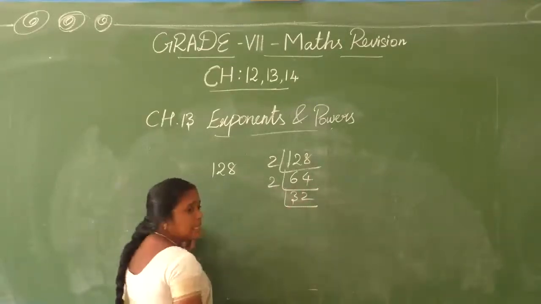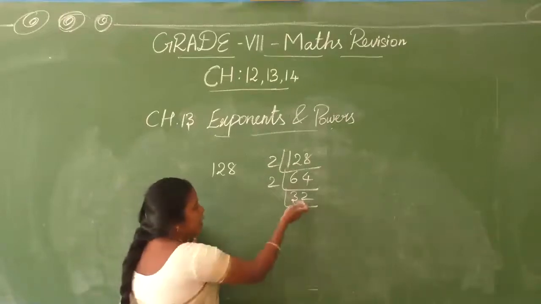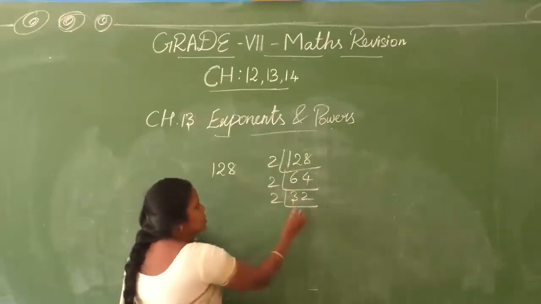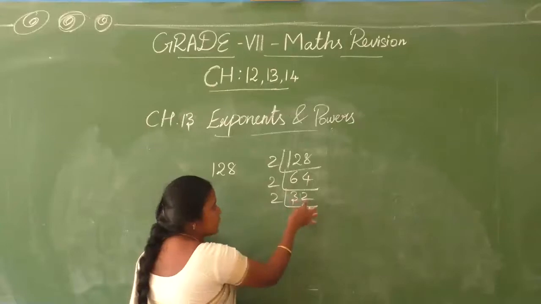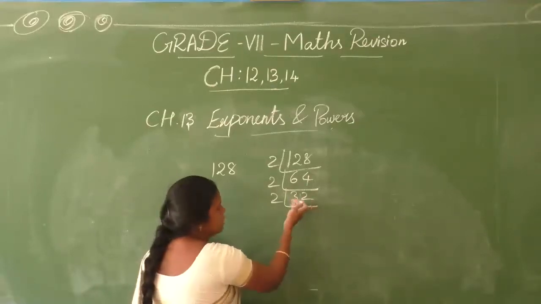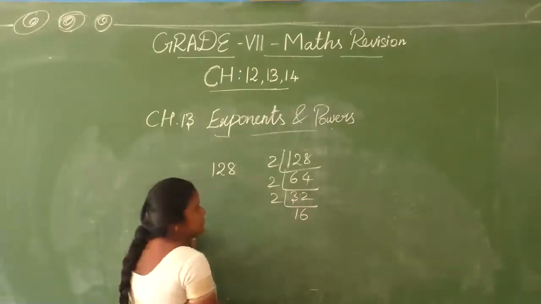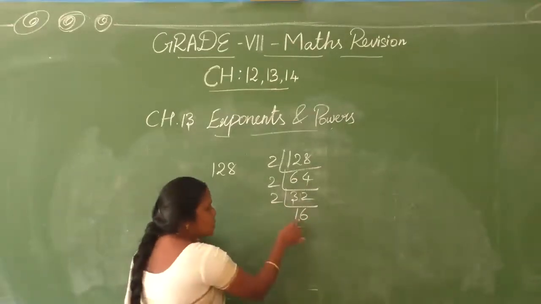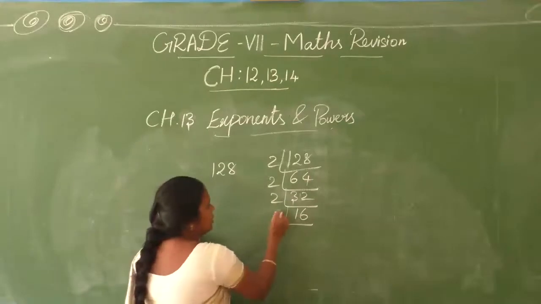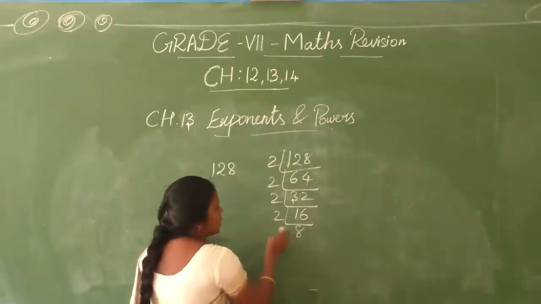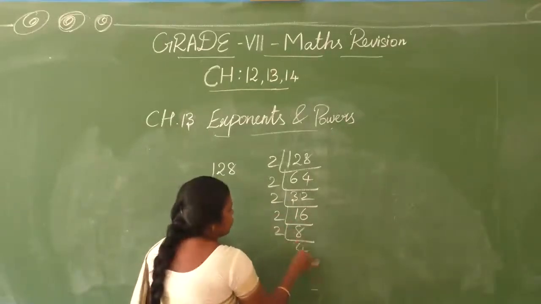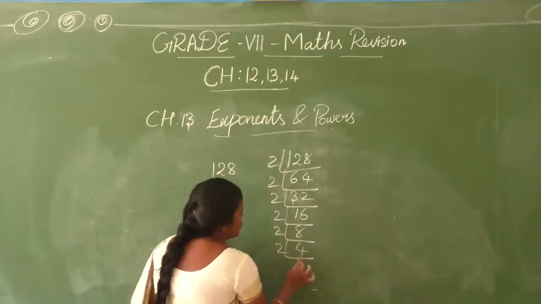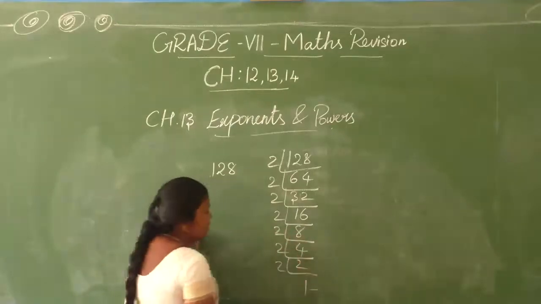Again, this is composite, so we should divide. Even number, try by 2. 1 2 is 2, remainder 1, 12, 16. In 12 how many 2s are there? 6. 6 2s are 12, 16 2s are 32. Composite, divide again by 2. 8 2s are 16, 4 2s are 8, 2 2s are 4, 1 2 is 2.